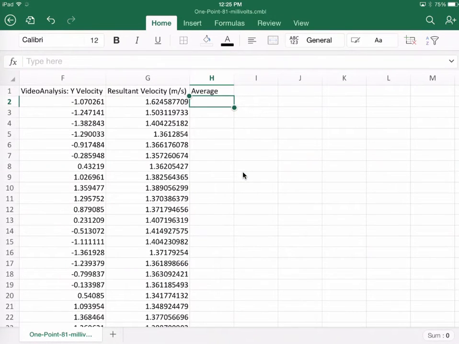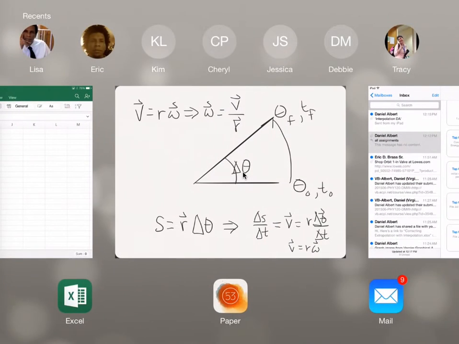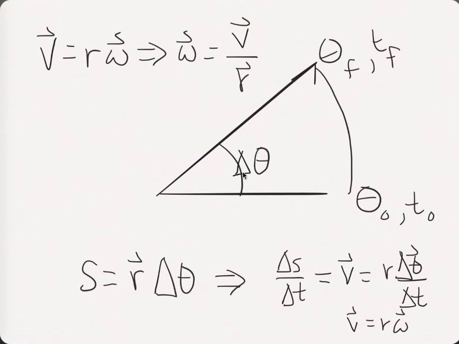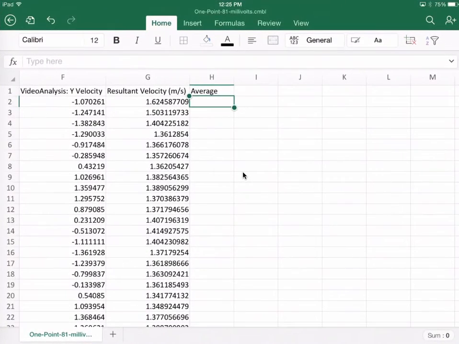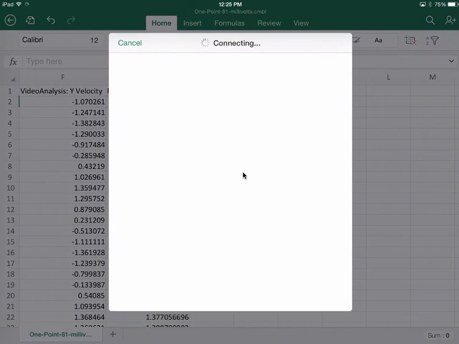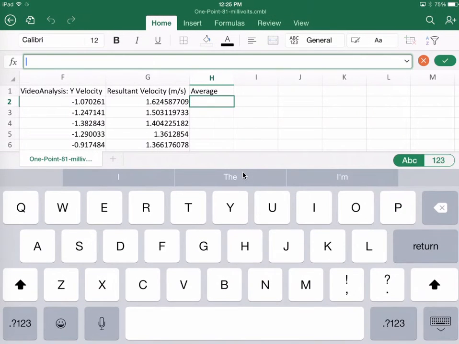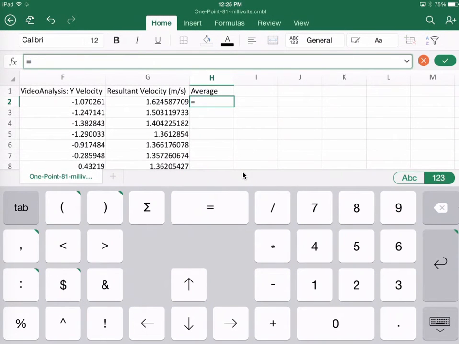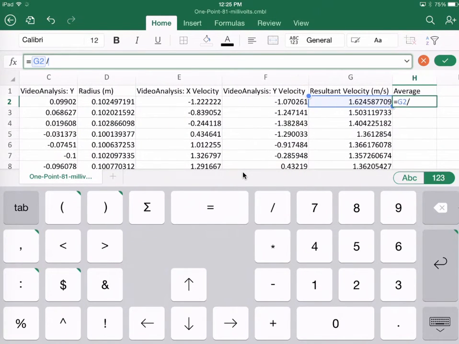We now need to calculate the angular velocity. And the angular velocity, again, is going to be this velocity right here, over this radius. So let's do that. So this is equal to the resultant velocity divided by the radius.